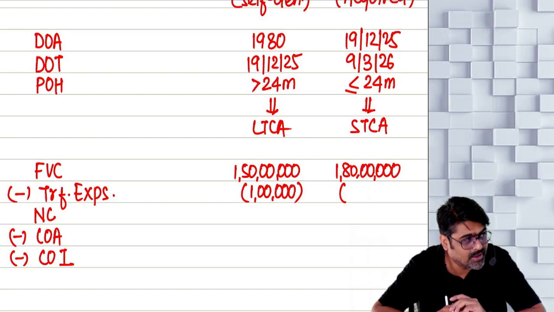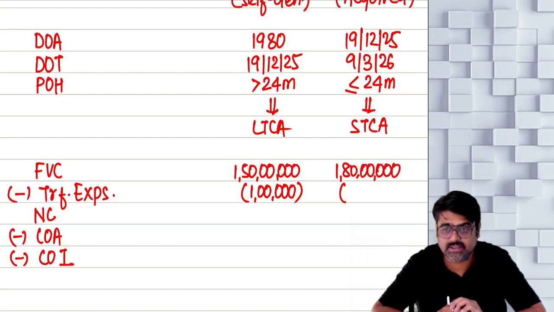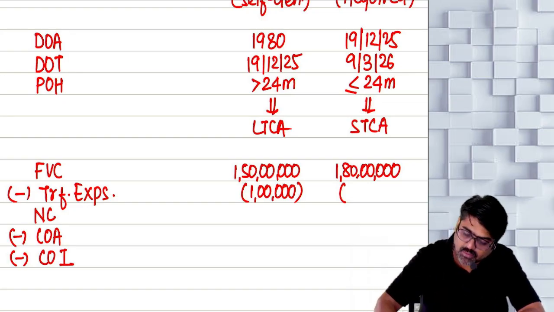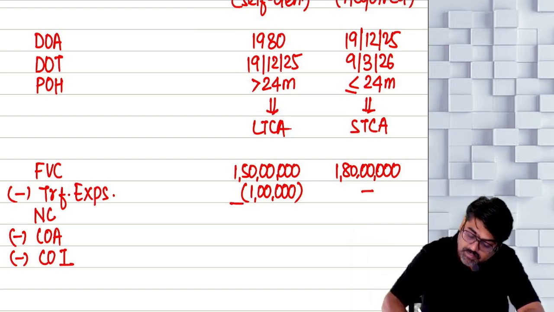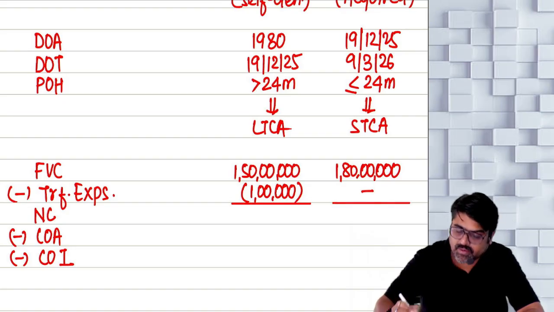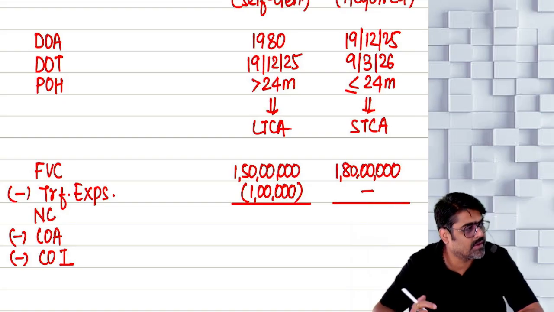How come nil? Because the entire expenditure was borne by the buyer. So at the time of transfer, Mr. Gopal is not incurring any transfer expenditure. But that 1 lakh, half the amount incurred by Gopal at the time of acquisition, will increase the cost of acquisition. Getting my point what I am trying to tell you?